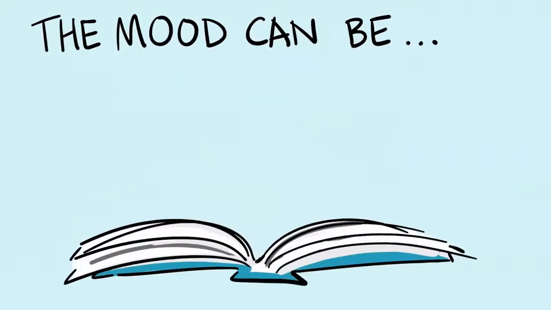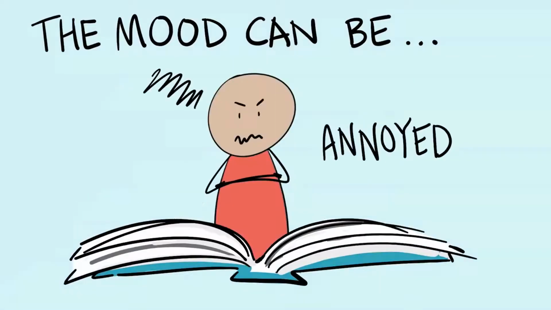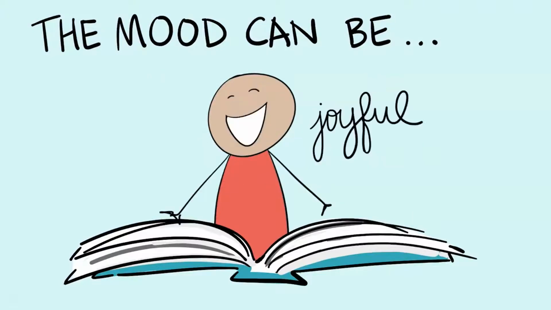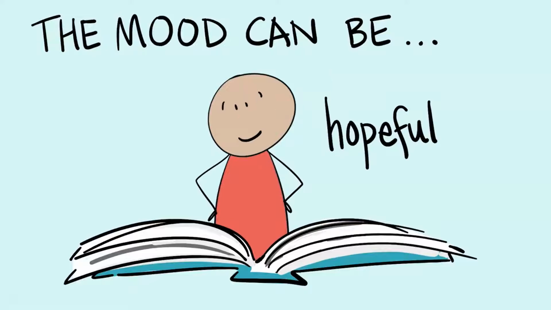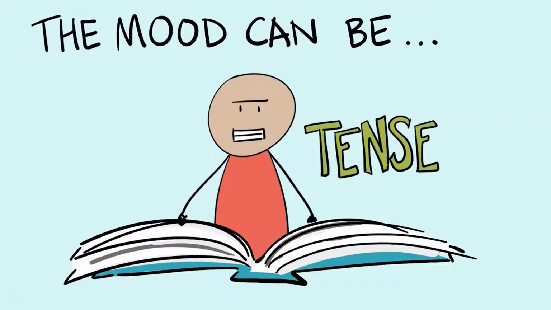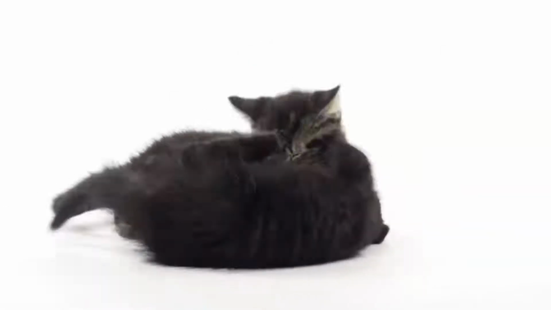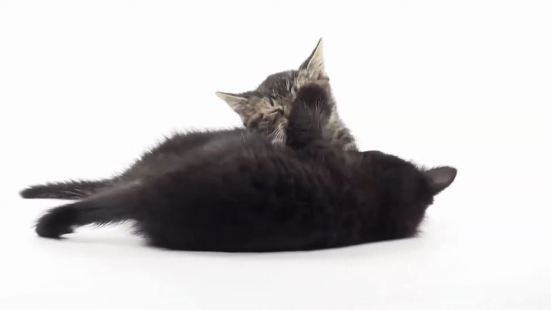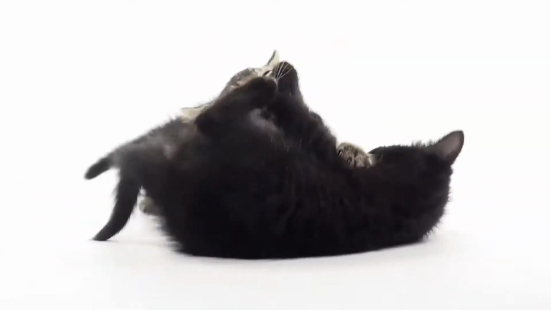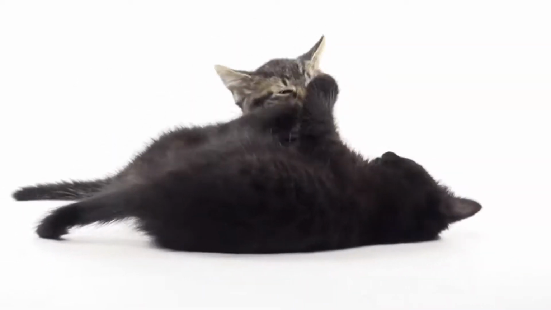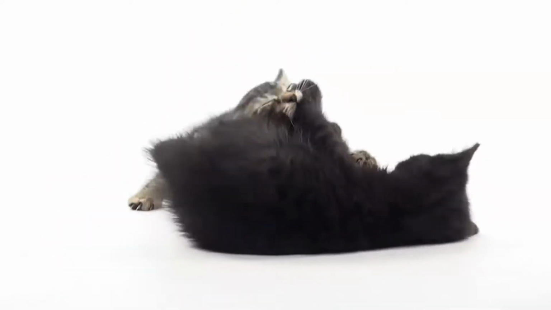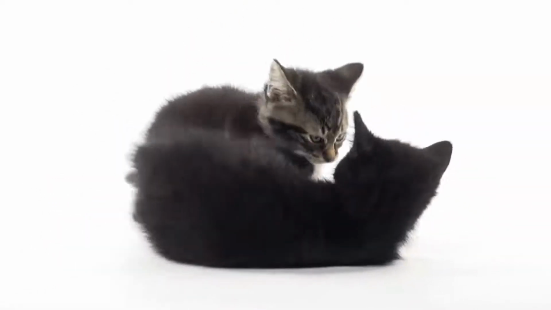The mood of a story can be calm, annoyed, frantic, joyful, gloomy, romantic, hopeful, or tense. How might you describe the mood of this video right now? Sweet and playful, right? How about now? See how the music changes the mood?